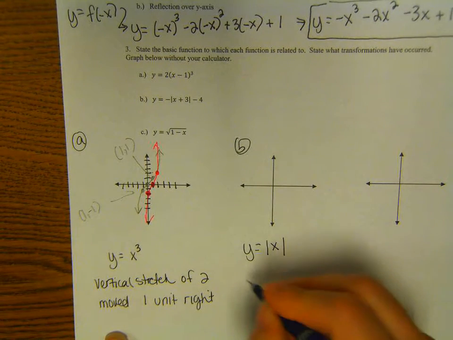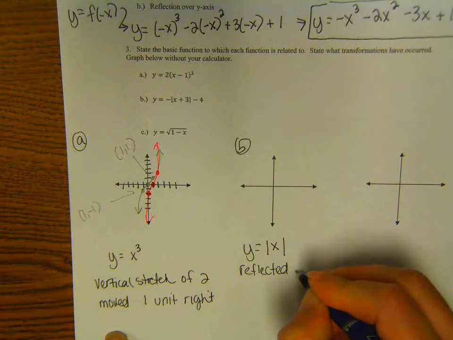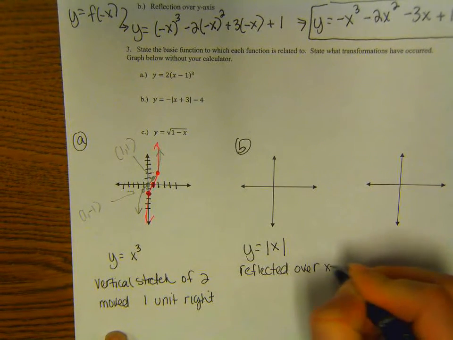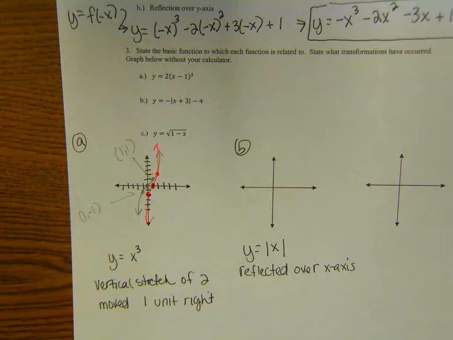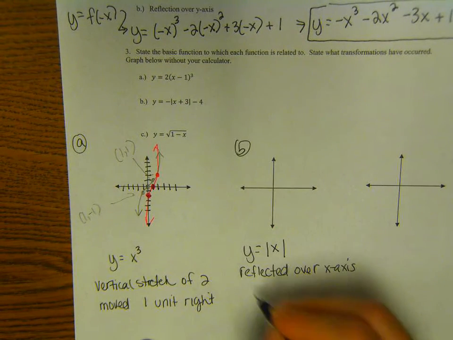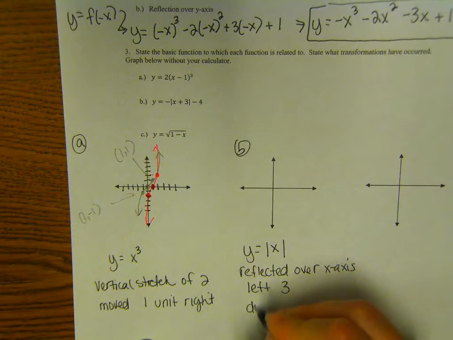X-axis. Good, reflected over the x-axis. Which means, think of the V. The V is going to be going down. And then we're going to move left 3, down 4.